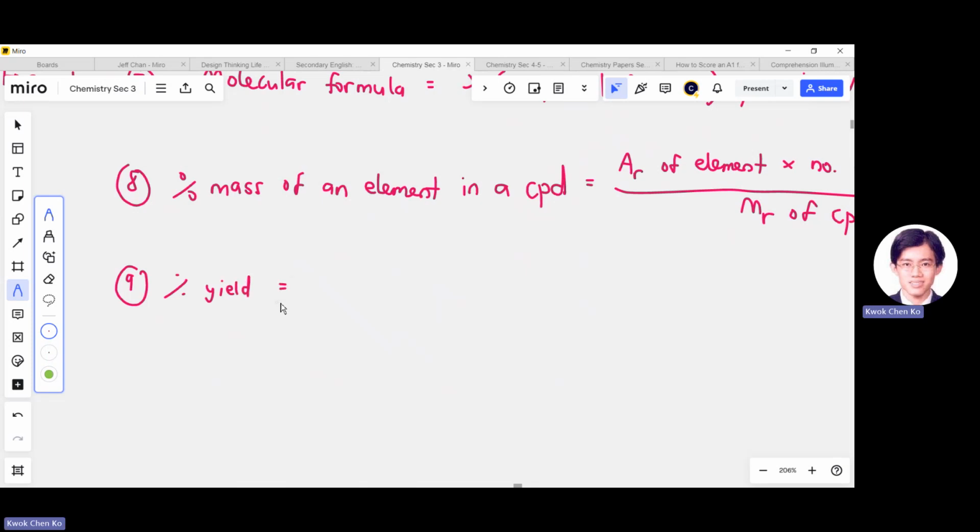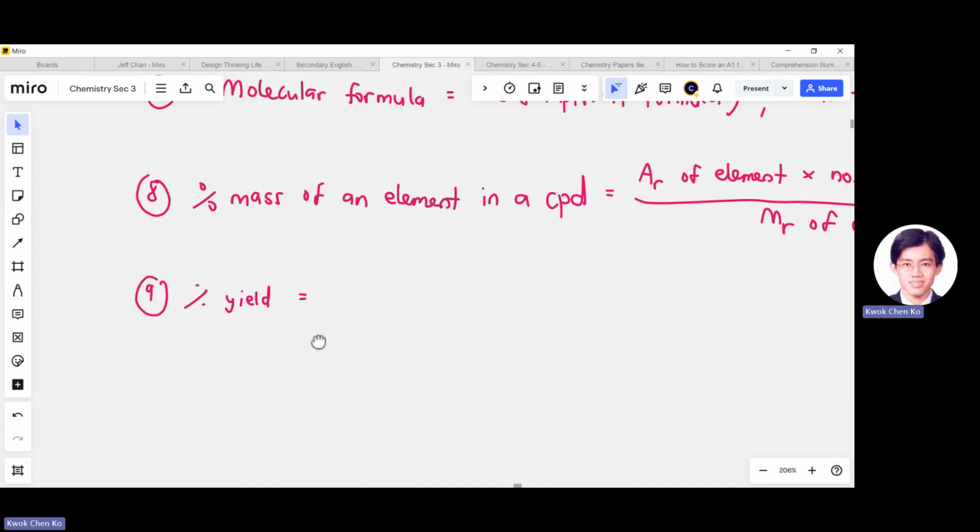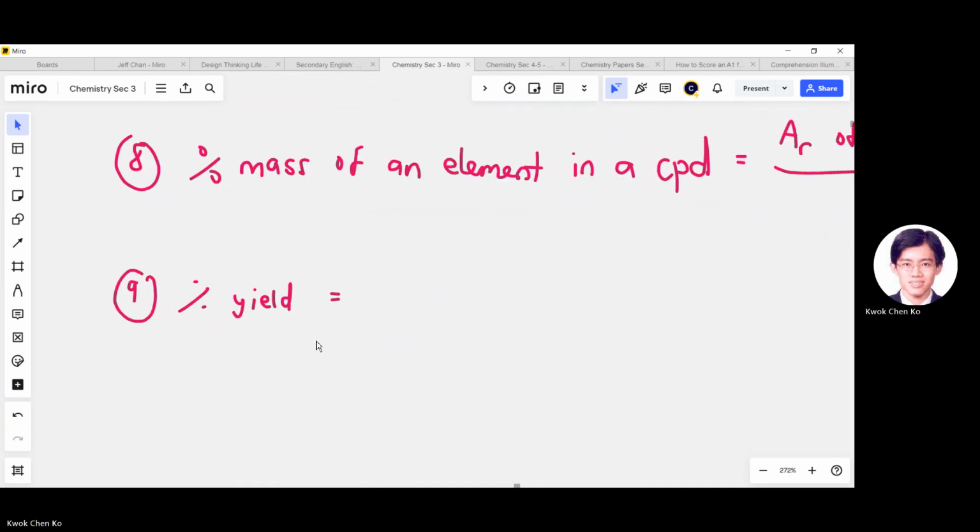Can Dylan remember the formula? Something about theoretical, and something about actual as well.